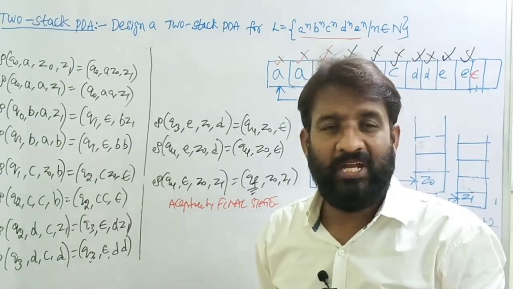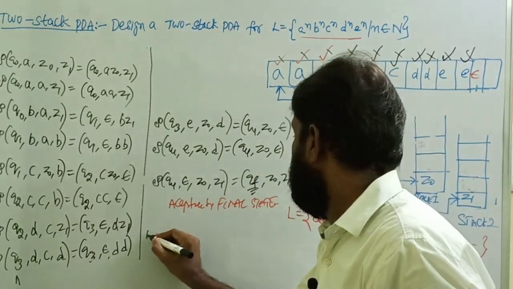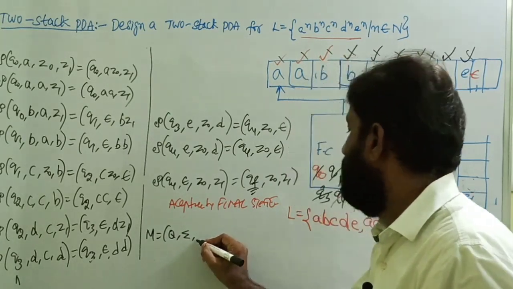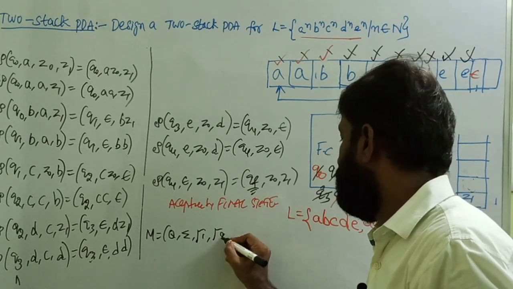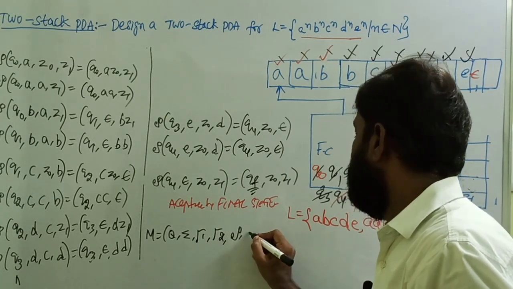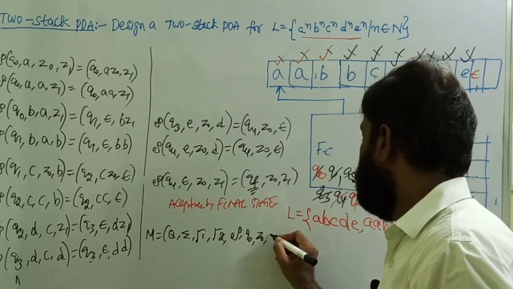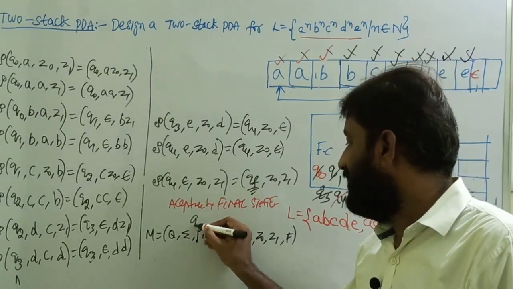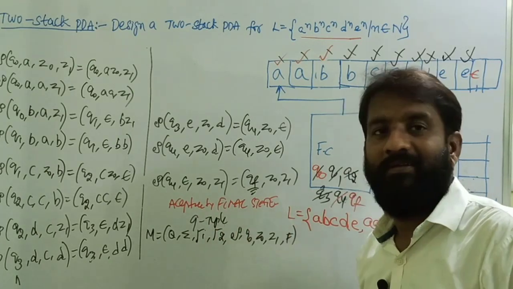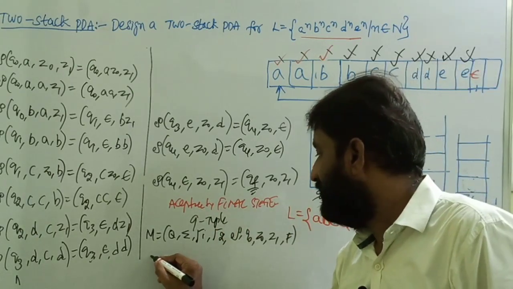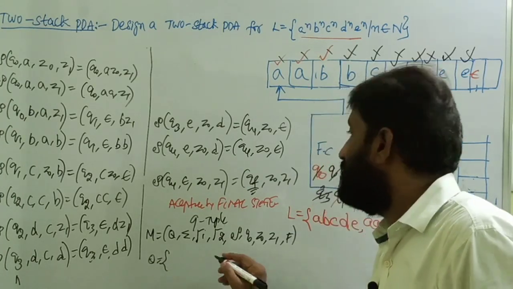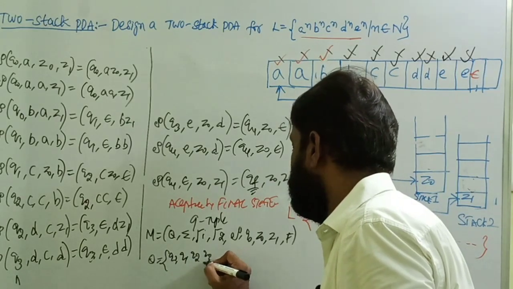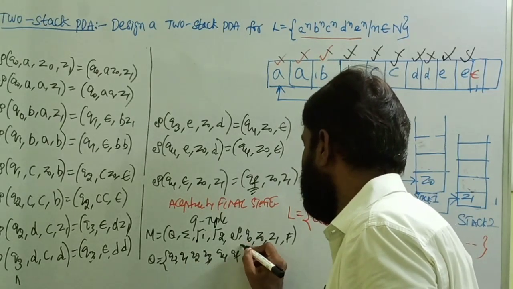And now define the two stack PDA mathematically. M equals to Q, sigma, stack 1 alphabet, stack 2 alphabet, transition, Q0, Z0, Z1, comma, F. Two stack PDA is defined by using a 9 tuple. Q equals to all the states Q0, Q1, Q2, Q3, Q4 and QF.